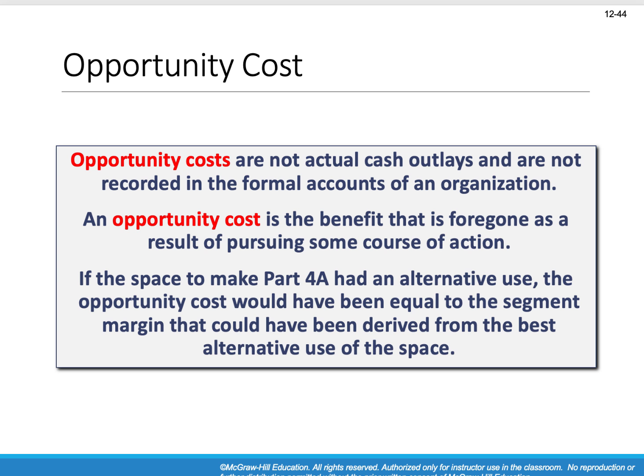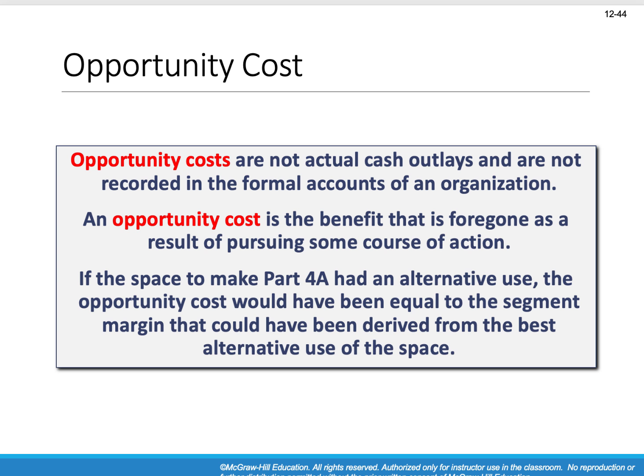It's important to recognize that opportunity costs really aren't actual cash outlays, right? So opportunity costs are never ever recorded within the financial accounting. Okay, very important that we recognize that opportunity costs, yes, we consider it if it exists in a decision, but it never hits our books.